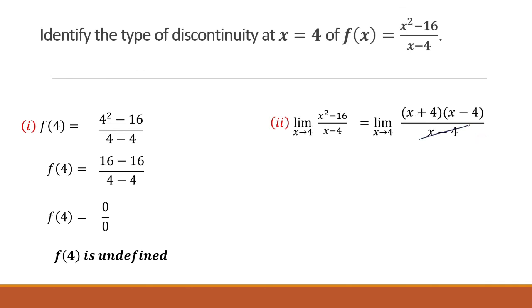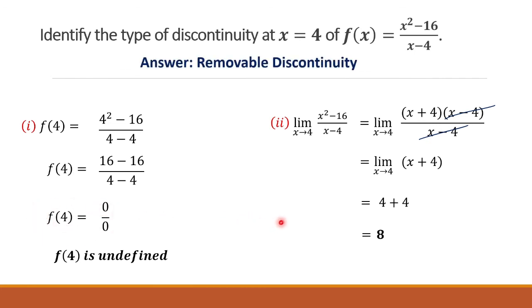So this would be cancelled, giving us the limit of x plus 4 as x approaches 4. By direct substitution, we have 4 plus 4, and we have 8. From this case, the limit exists, which is 8, and it is not equal to our f of c. Therefore, the type of discontinuity is removable or hole.